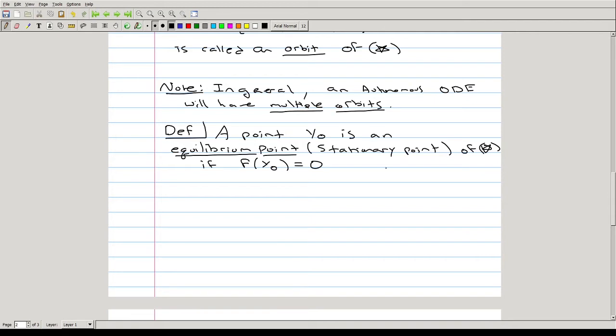Sometimes called a stationary point, because if the value of the function f at some point y naught is 0, that means that dy dt is 0 at that point.